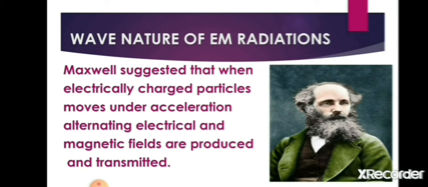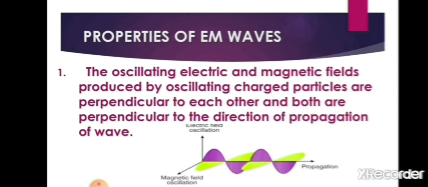These fields are transmitted in the form of waves called electromagnetic waves or electromagnetic radiations. It was Maxwell again who revealed that light waves are made up of oscillating electric and magnetic character.